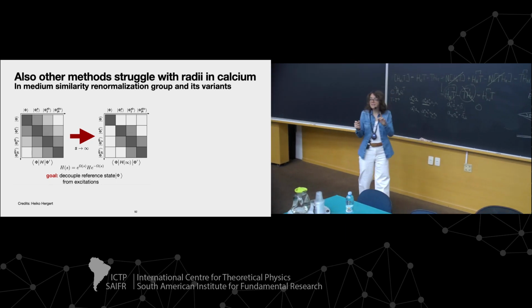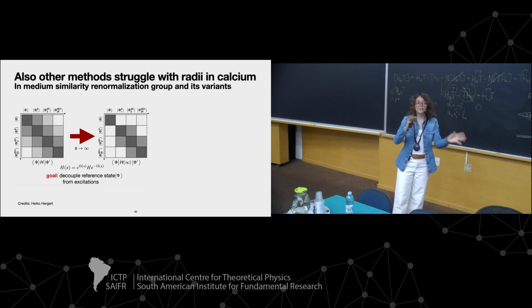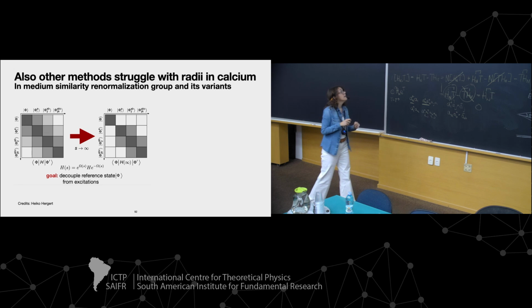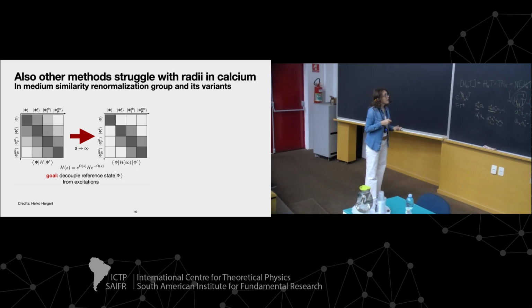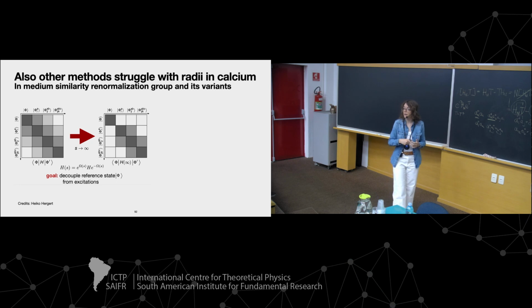This is nice when we calculate expectation values, because we don't have to deal with differences on the left and on the right side. But in this case, as I was saying before, our BCH expansion actually does not truncate.